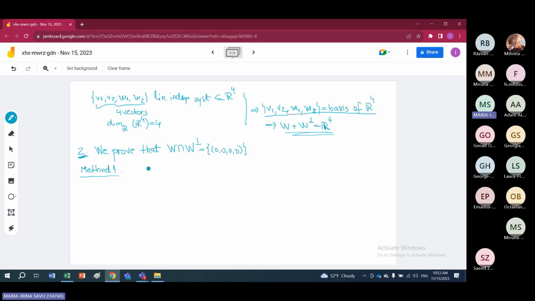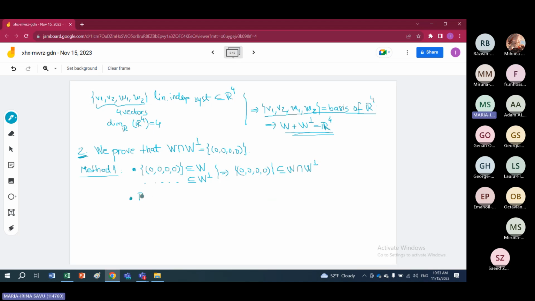One consists of proving this equality as an equality of sets. So you know that the null vector is included in W, and also it is included in W perpendicular. So you know that the null vector will be included in the intersection of these spaces.